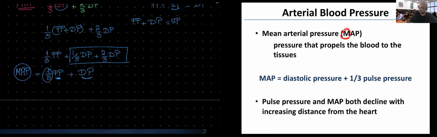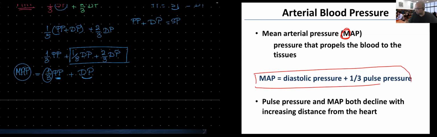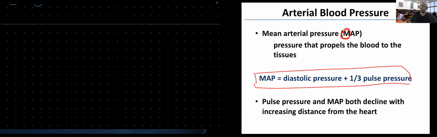So again, how to calculate the mean arterial pressure? Mean arterial pressure is equal to diastolic pressure plus 1/3 of the pulse pressure. All right. Any difficulty?